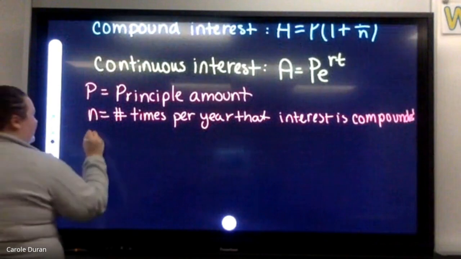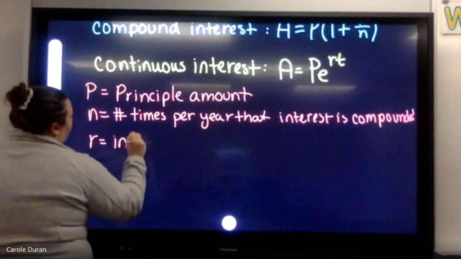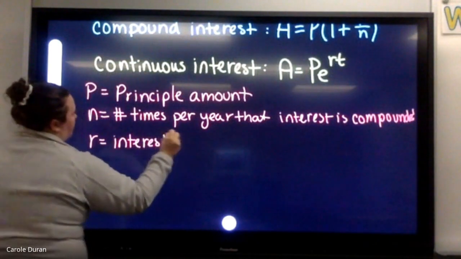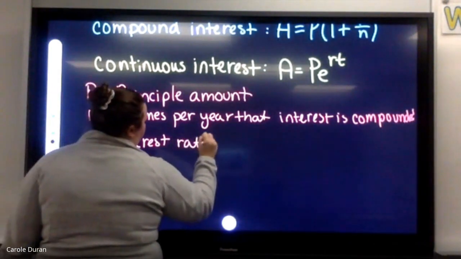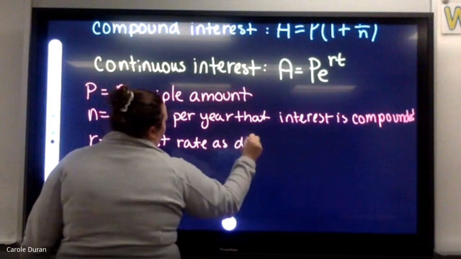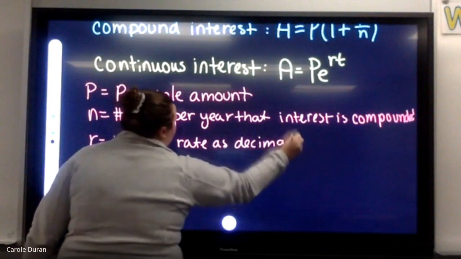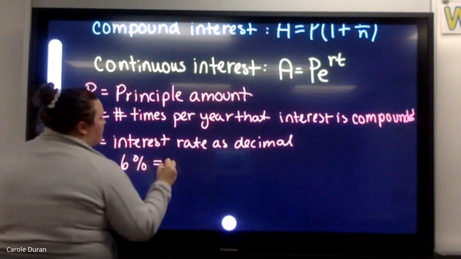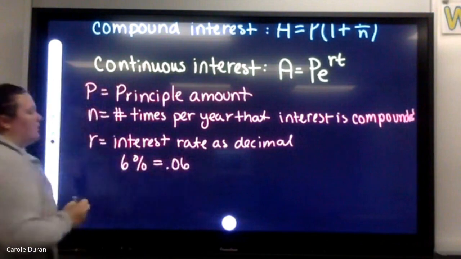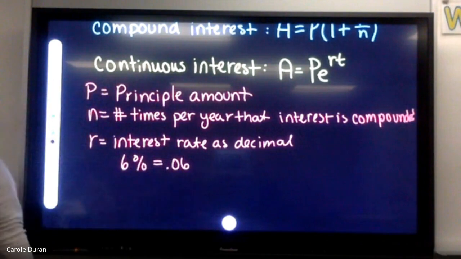R is the interest rate written as a decimal. So if I say that your interest rate is 6%, that is the same as 0.06. If I say your interest rate is 12%, that is the same as 0.12.